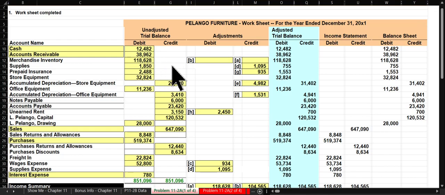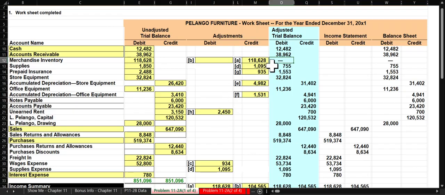So notice that we need to get rid of this debit of 118,000 plus. And so to do that, we would need to make a credit entry. And so notice that when I make this credit entry for the amount of the balance, it results in a balance of zero.